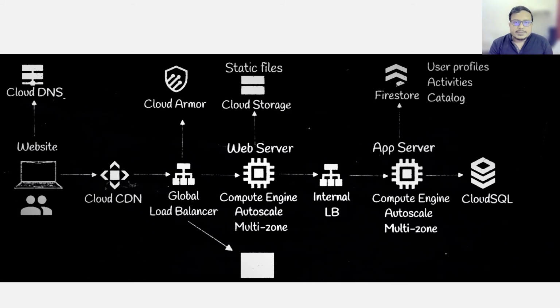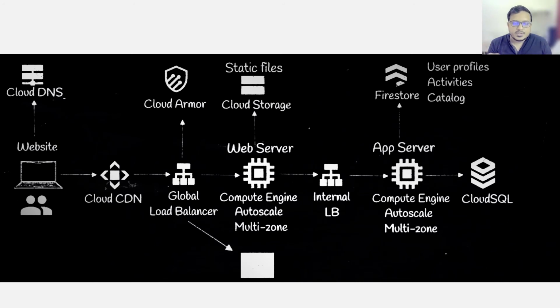These load balancers are highly effective and can respond to millions of queries per second. So very highly efficient and scalable. As I said, these cloud load balancers are highly powerful, and you can even use them to enable CDN options.